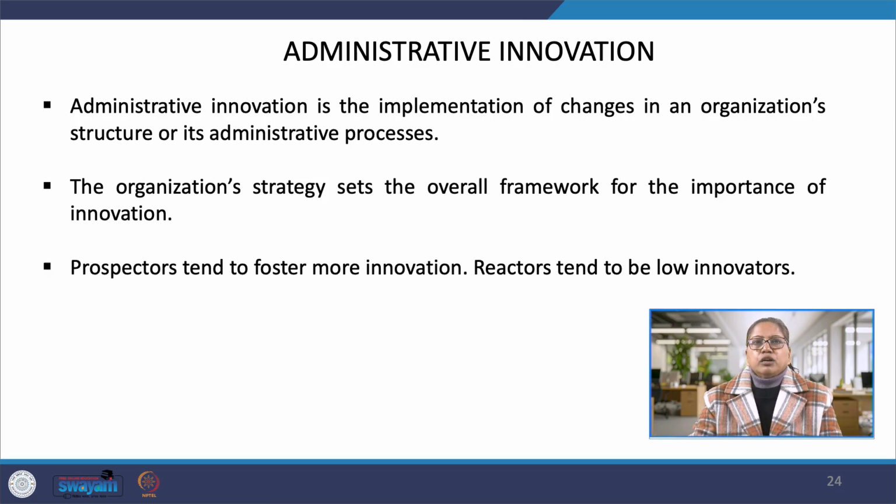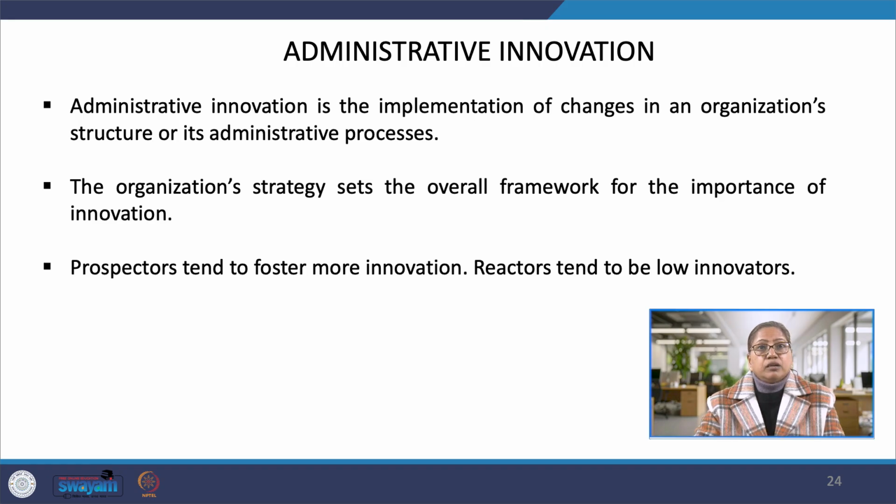This would include changes like the introduction of a flexi-time work schedule or a matrix organizational design. Organization strategy sets the overall framework for the importance of innovation. Prospectors, for example, tend to foster more innovation. Reactors, in contrast, tend to be low innovators.